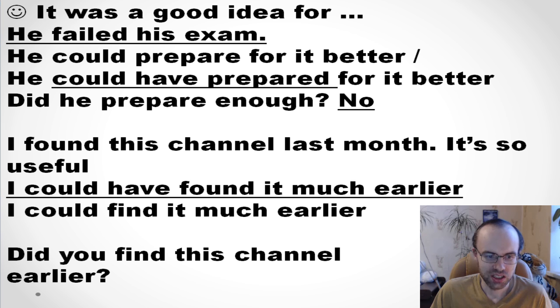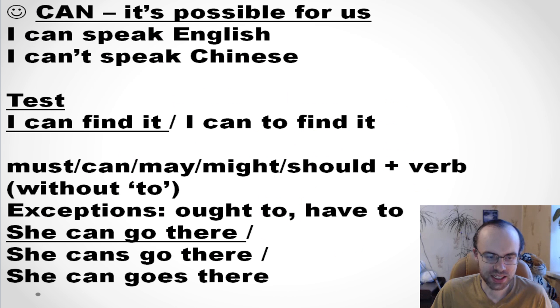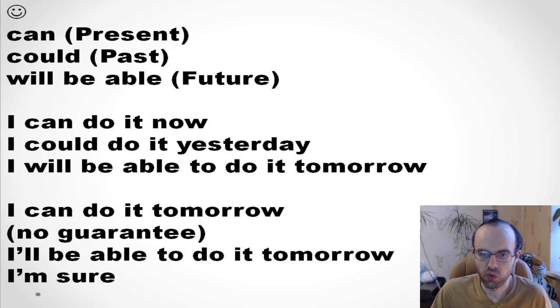Okay, next. You know that we can use can when we talk about the present. Could for present and past. Could have for past. But let's understand what we use when we talk about the future. My friends, please remember, we use can for present.